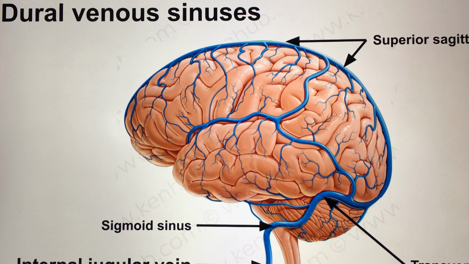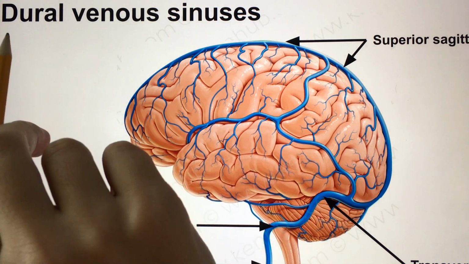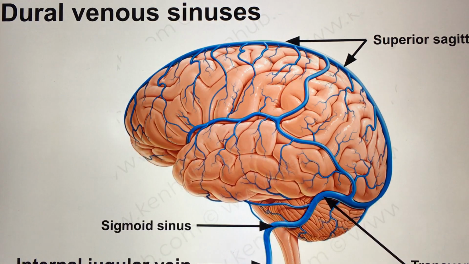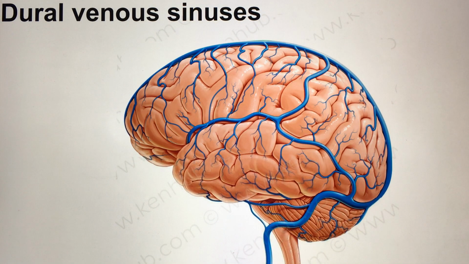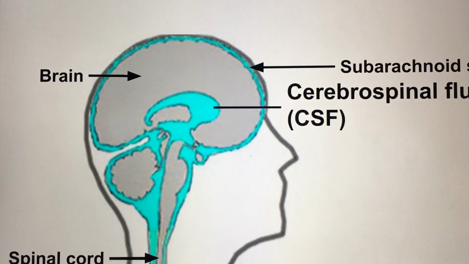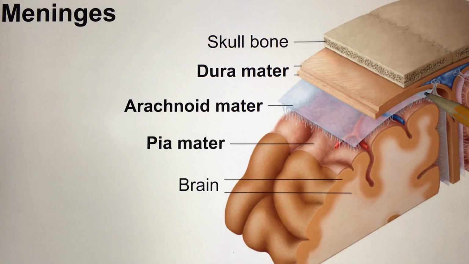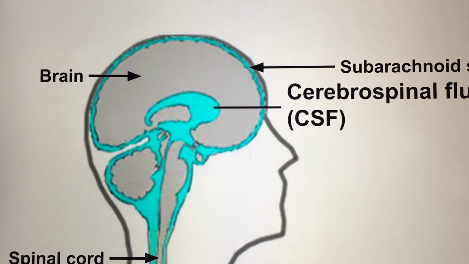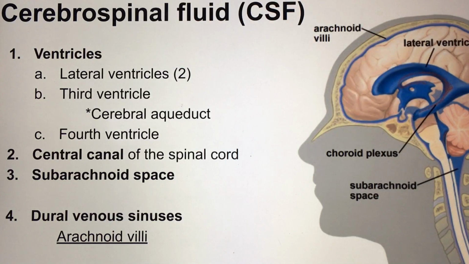The blood around the brain, when it circulates around the brain, gets collected and drained back to the heart. The way it gets drained from the brain is through dural venous sinuses. So in the picture from before, where we saw the two layers of dura mater separating from each other, this is called a dural venous sinus. This is where venous blood is collecting. Venous blood is the blood that needs to be returned back to the heart.